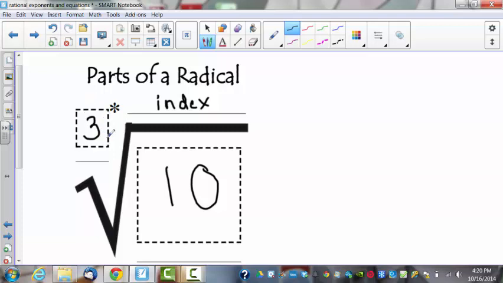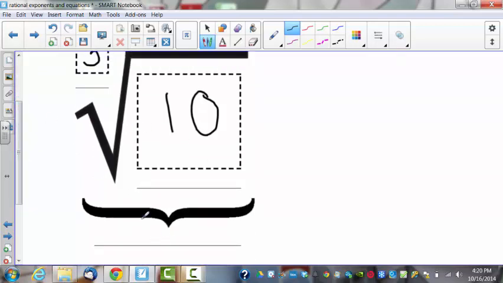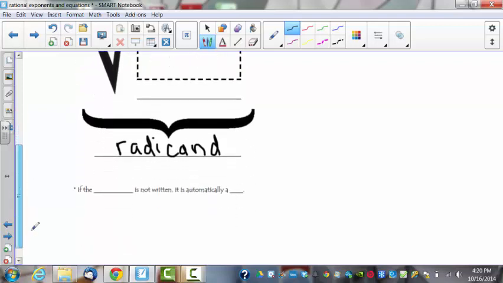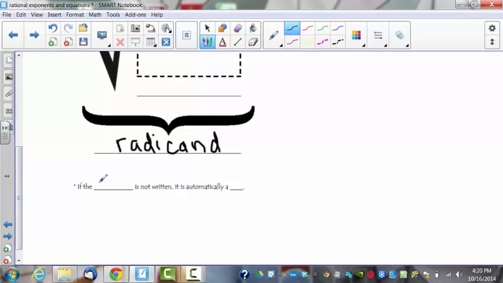This number right here, and this number down here is called the radicand. And of course, this symbol right here is the radical sign. This is the radical.